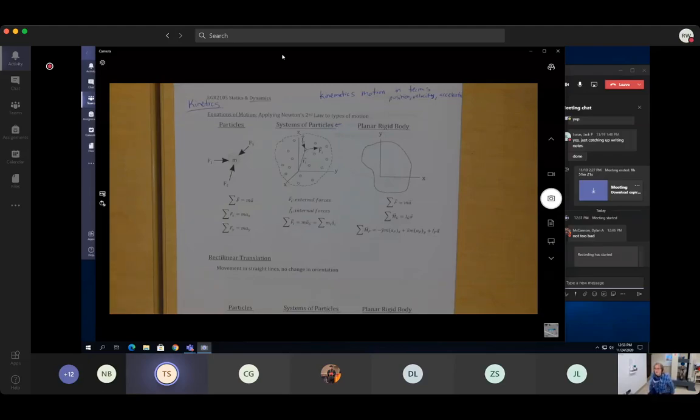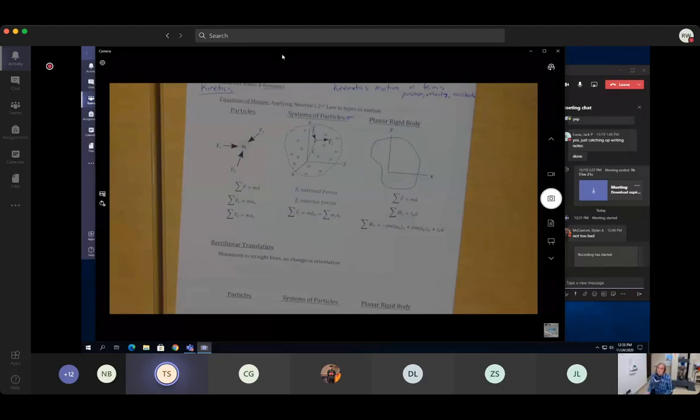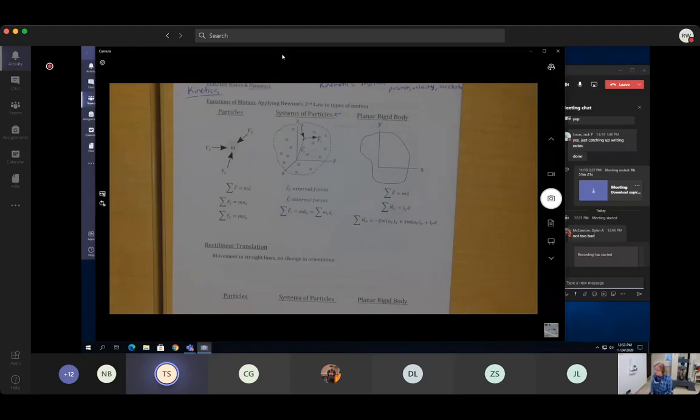Other thoughts or ideas? Is friction external? Friction would be an external force. Okay. All right, we'll get to a little bit more with that in a bit.